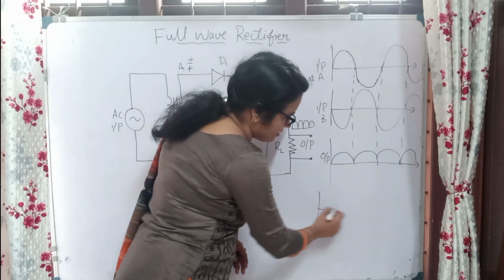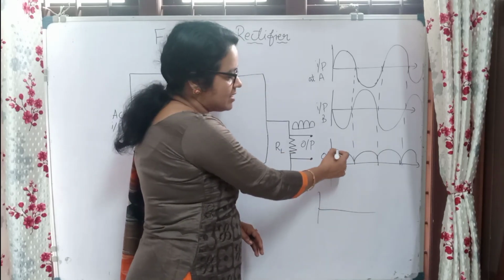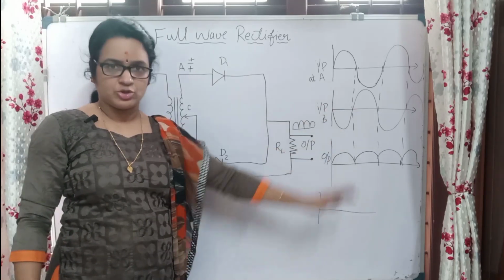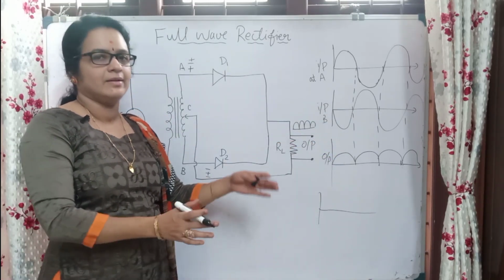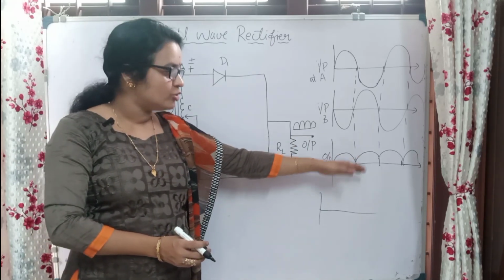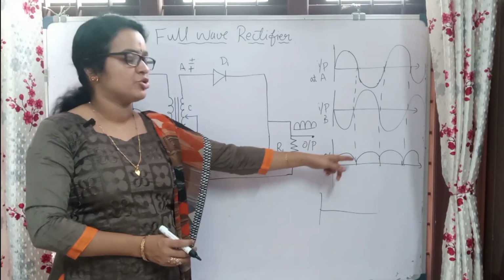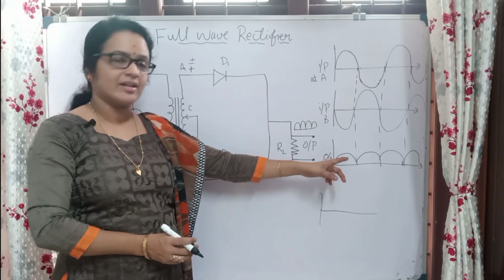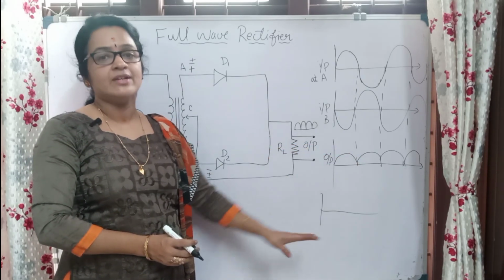DC means the magnitude also should be the same, right? Here we can see a fluctuation, so we have to remove that fluctuation, and for that we will use a filter circuit. In the next case we will see how we can remove these ripples from this output. So this is a fluctuating DC, not the correct DC, and that fluctuation we can remove by using a filter circuit.